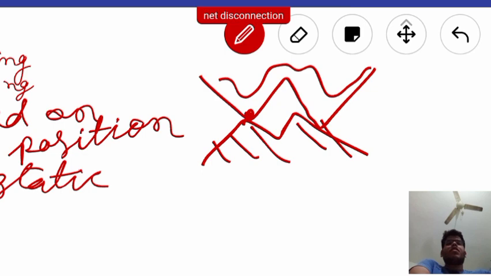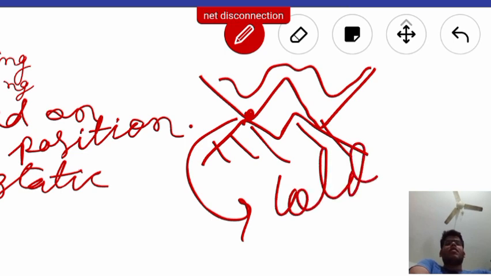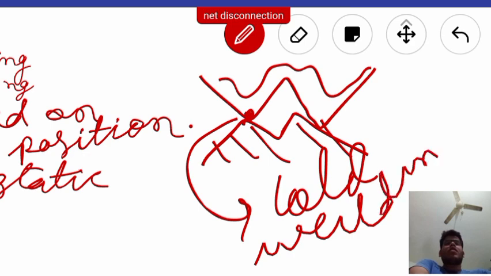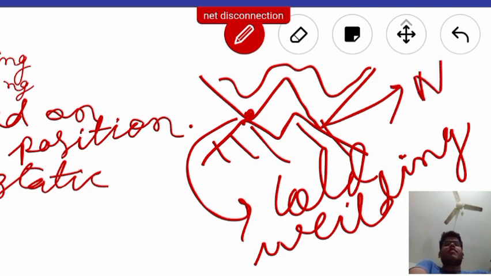This point over here is called cold welding, and this has a normal force on it. So cold welding always applies at the tips of two surfaces which are in contact.